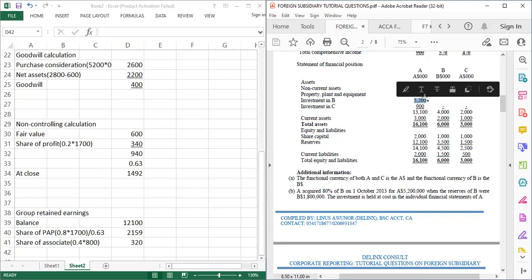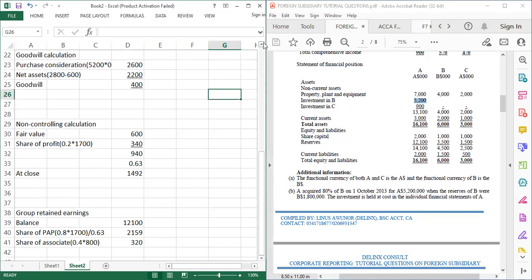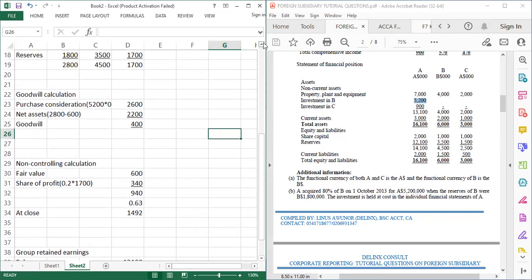So if you're having 5,200 now, what is the equivalent of 5,200 at the day that we acquired them? It was 2,600, isn't it? Yes. At acquisition day it was 2,600.